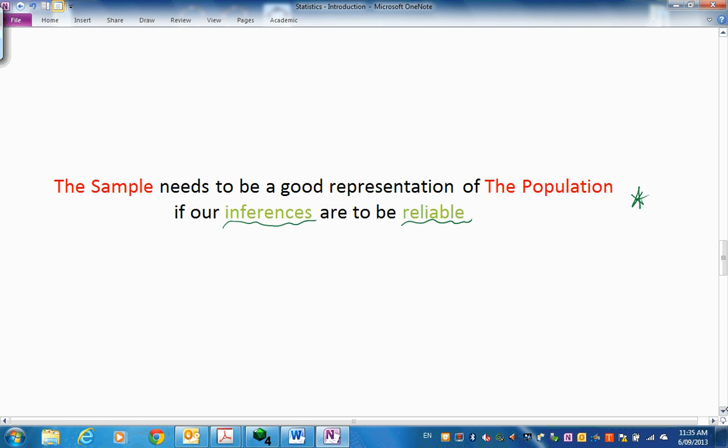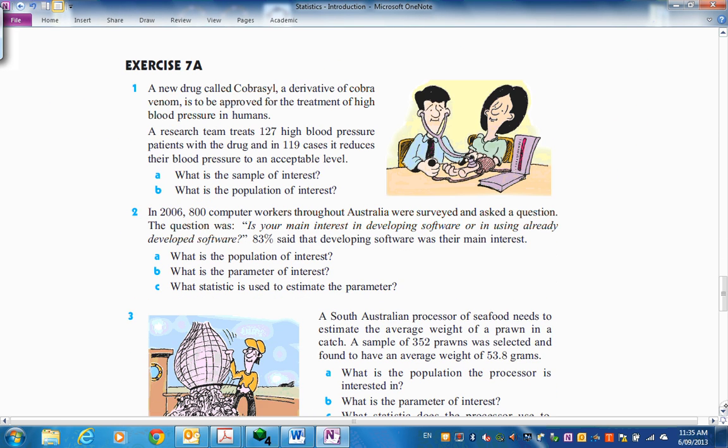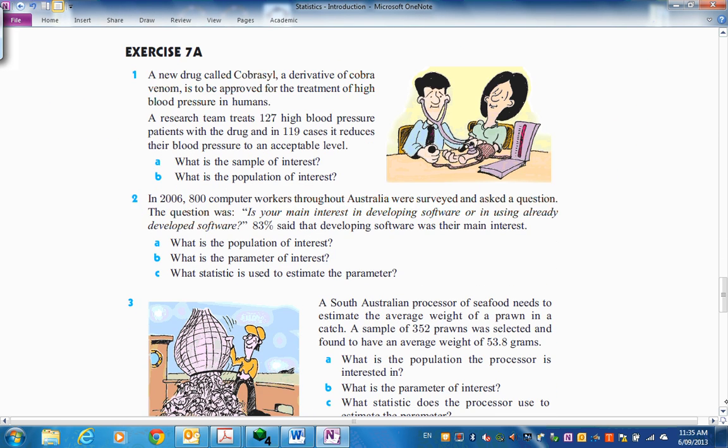Okay, come on down, and I want you to practice on some little problems here. These are from Hayes and Harris, and then we'll finish this short presentation. I want you to start thinking about the direction of this course here in inferential statistics. So it's just asking you to go through the process in your mind about what we're going to be doing here, talking about a problem, what's the population, how are you going to sample it, and so on.